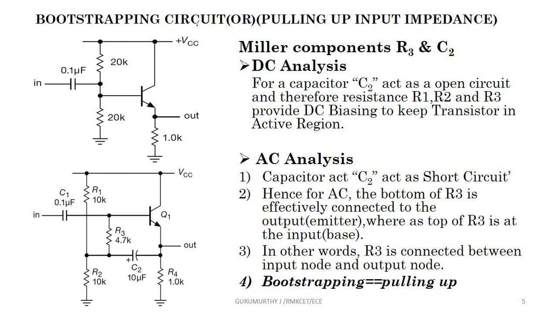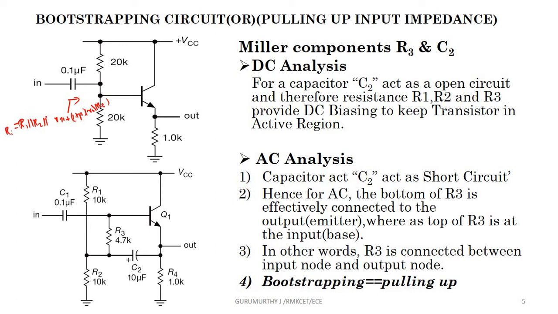And next is the bootstrapping circuit, which is also called improving the input impedance. Suppose you consider this common collector amplifier, the input impedance will be R1 parallel R2 parallel R pi plus 1 plus beta into R0 parallel RE. So this is my input impedance.